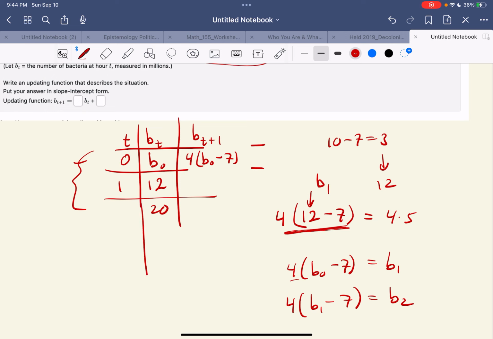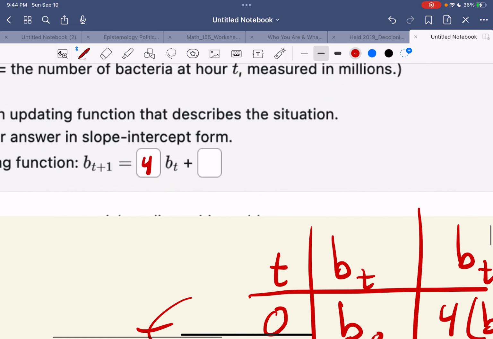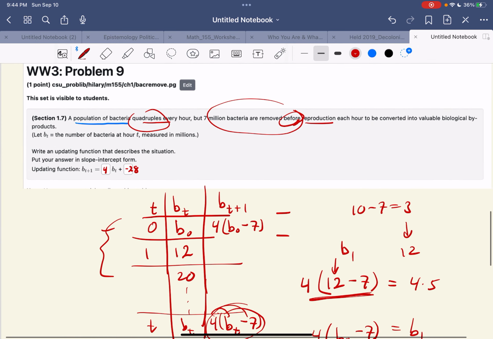There's nothing special about B0. At time t, you have BT. How would you get BT plus 1? You take BT, subtract 7, multiply it by 4. Boom, there it is. Distribute that 4, and we have BT plus 1 is 4BT minus 28. So that's what my problem would be.